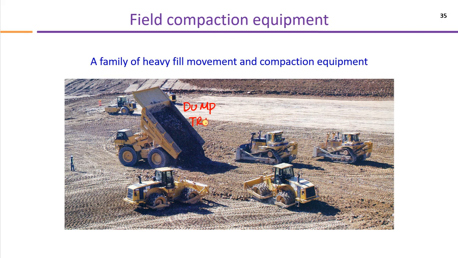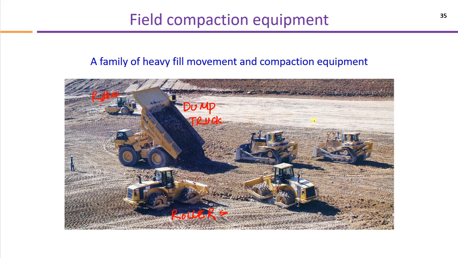This dump truck is going to bring the soil from the borrow area to the construction site. And these are the excavators. No, just this is called a roller. There are different types of rollers we are going to see. This is again a roller here.